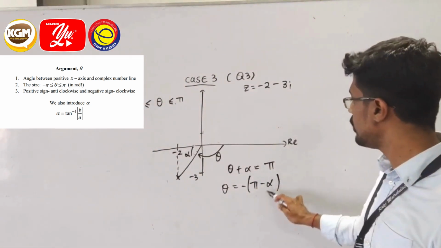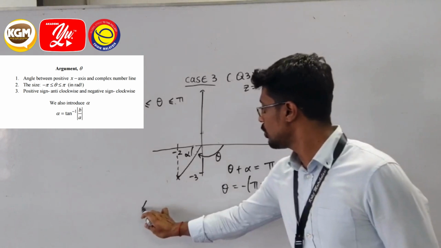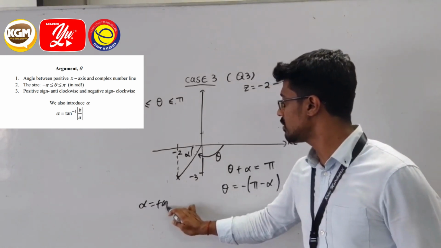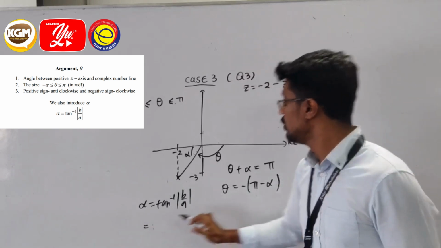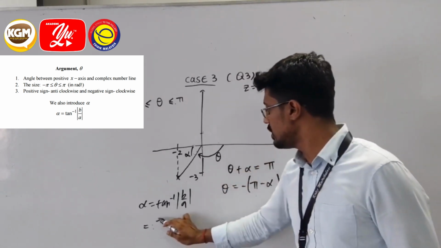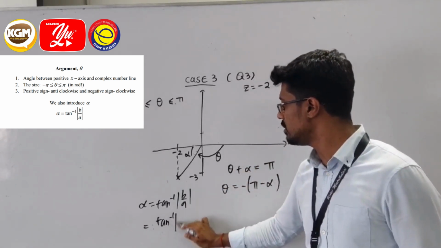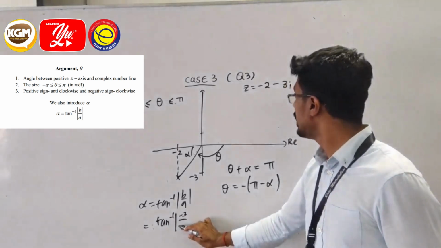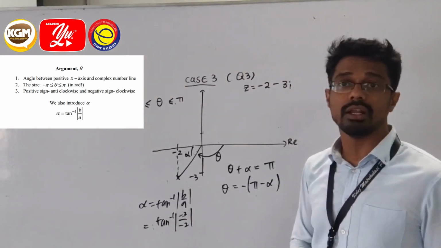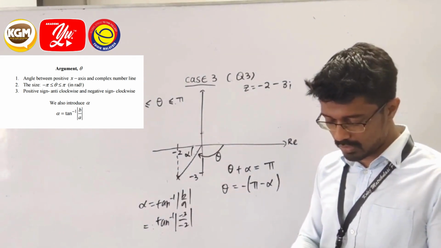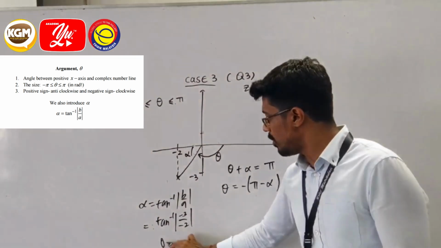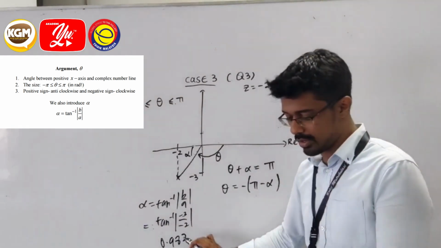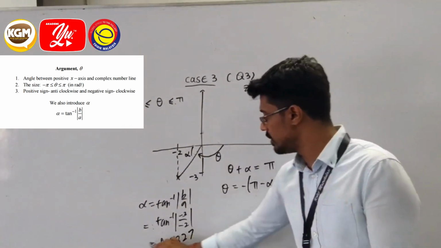So as usual, I go and work out my value of alpha. So my alpha here is tan inverse of the modulus of B over A. So my B is going to be negative 3. So be very careful with this, negative 3 over negative 2. So you press your calculator, make sure again it's in radian mode. 0.9827.